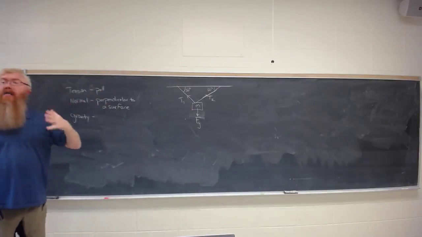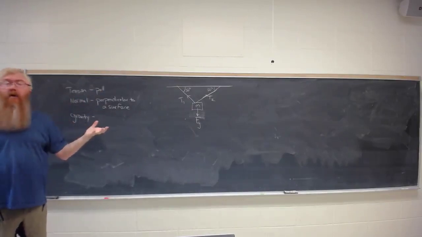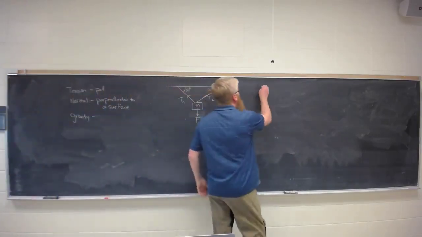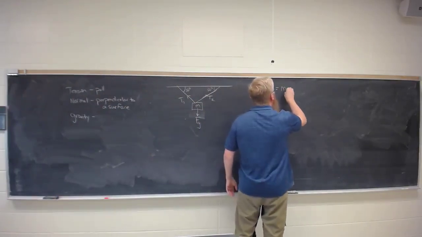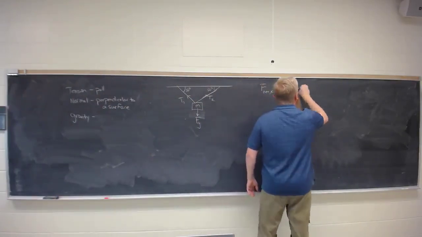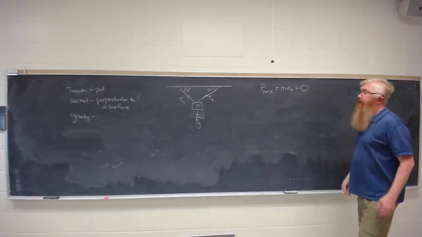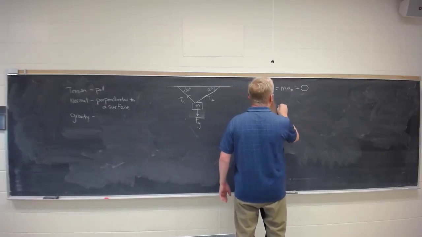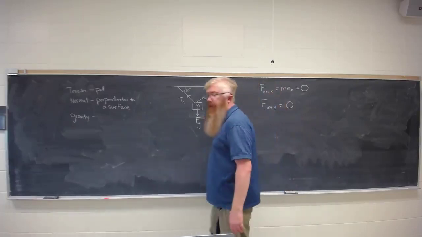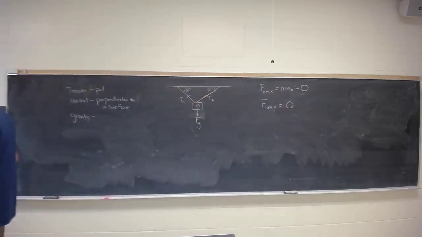That mass is not accelerating. It's stationary, which means that all of the forces in the X direction, mass times X acceleration, is going to be equal to 0. It's an equilibrium. And all the forces in the Y direction also equal 0 because it's not accelerating downward.